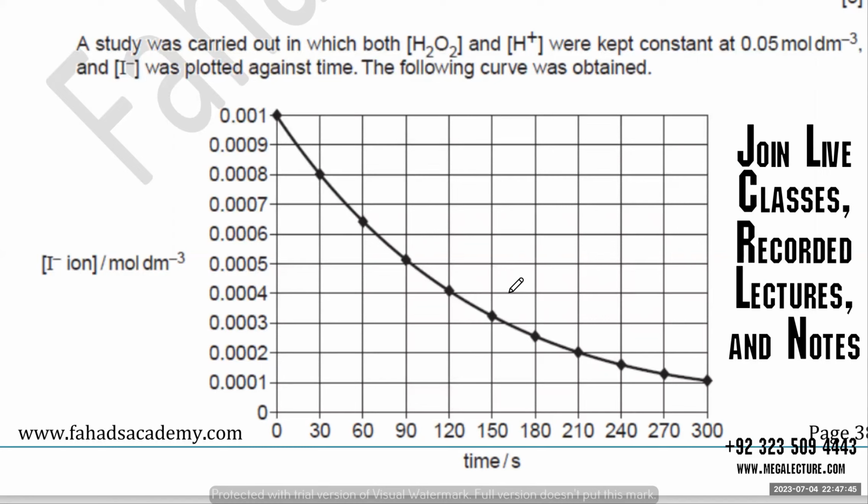So is half-life like every 30 days it's decreasing by 0.002? Half-life is how much time it takes for the concentration to decrease by half. So over here, that's the first half-life, right? 90 seconds. What's the second half-life?